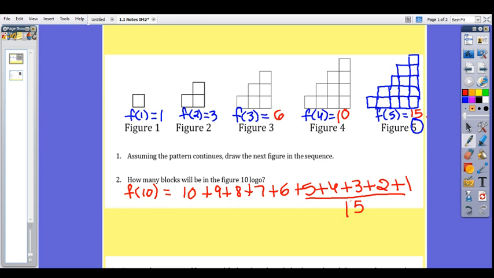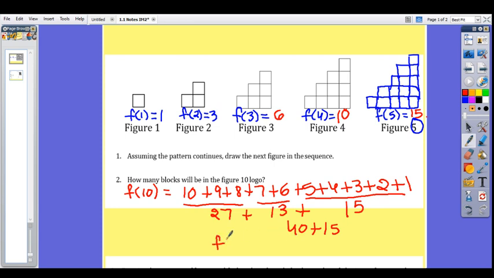Okay, then let's add the rest of them. So this is 13, and these together will be 17, and if we add 10, 27. If we add these two, that will be 40, and then it will be 55.